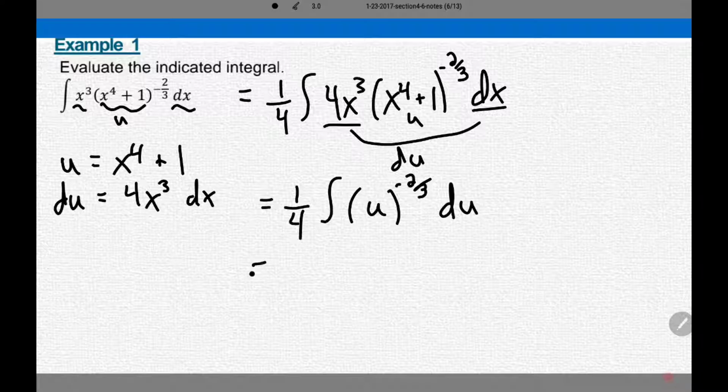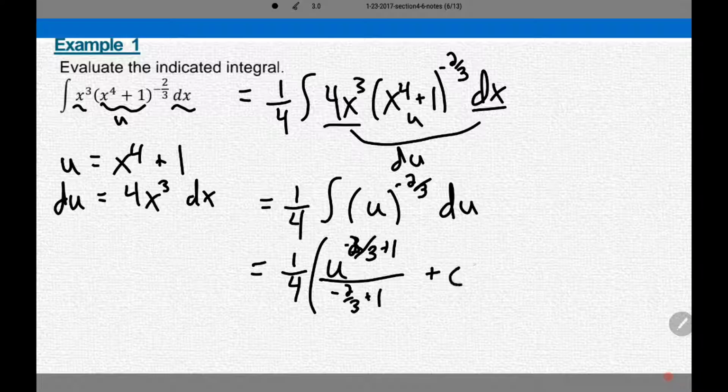So if I go ahead and keep going with my power rule, I've got u, and then I'm going to do negative 2/3 plus 1 over negative 2/3 plus 1. And then I've got to have my c out here because it's an indefinite integral. And if we do that, you'll see that I've got u to the 1/3 over 1/3 plus c.